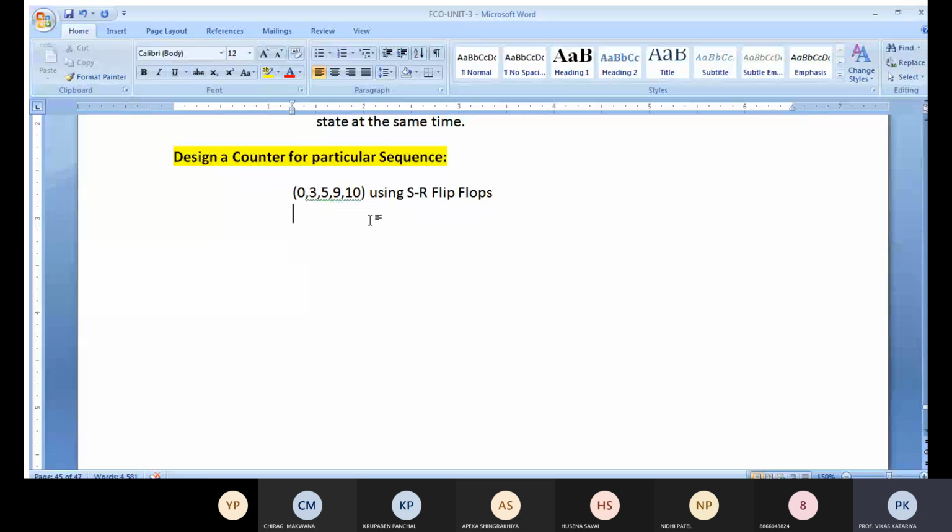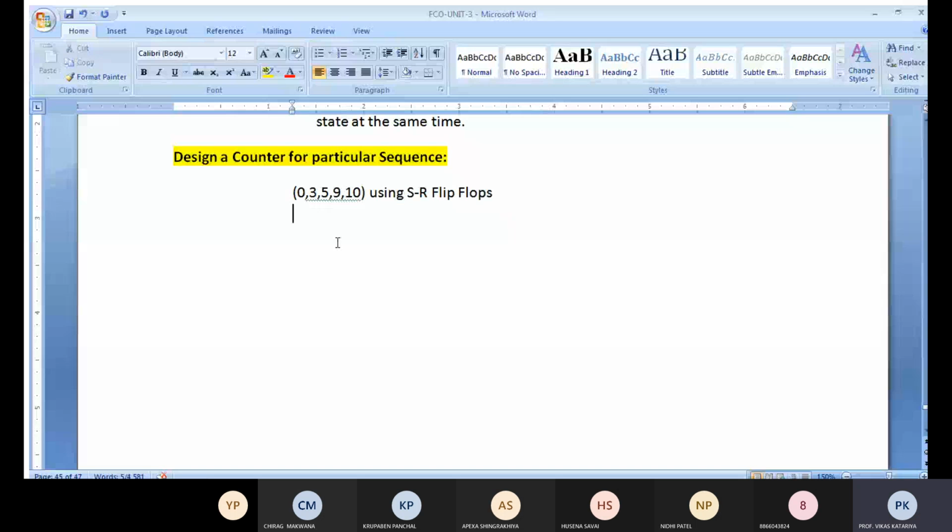So let's start the design of a counter for a particular sequence. You should understand the way to design a counter. Just check this single example, how we design this counter which generates 0, 3, 5, 9, 10 sequences. You can generate any number of sequences.